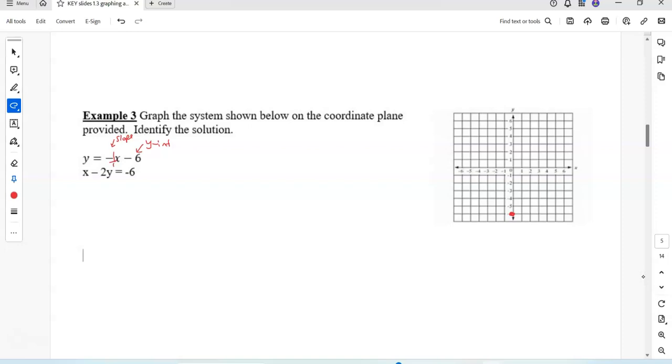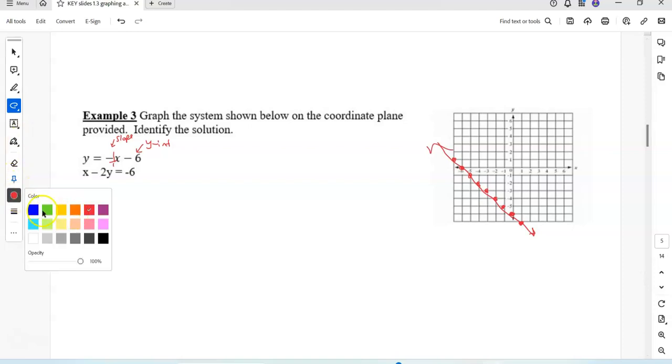So from that point I plotted, I'm going to go down 1 and right 1. Or I could also go up 1, left 1, which is what I'm going to have to do for the vast majority of these, okay? I like to draw them nice and big so that I can see where these are going to intersect.